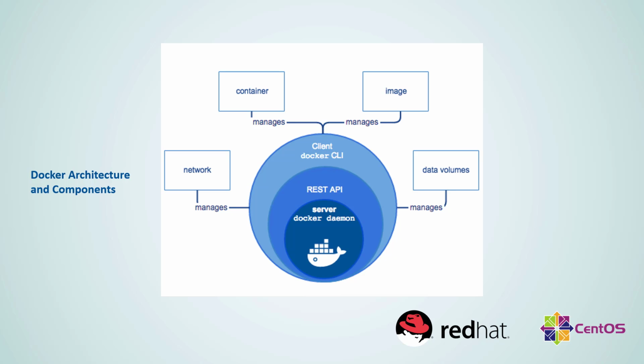The Docker platform provides the ability to package and run an application in a loosely isolated environment called a container. The isolation and security allow you to run many containers simultaneously on a given host.